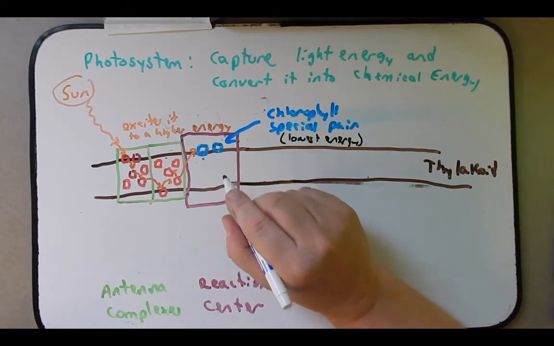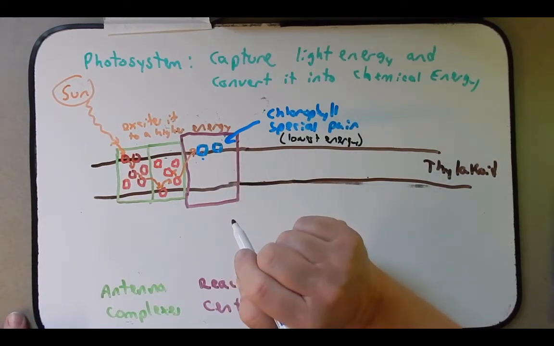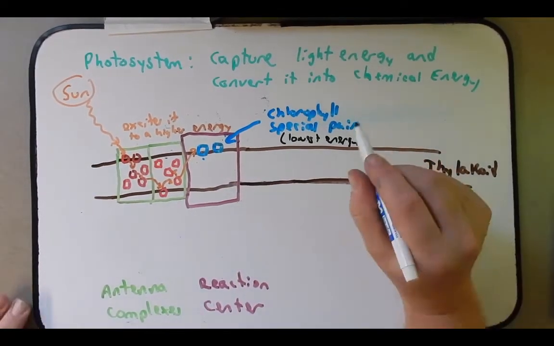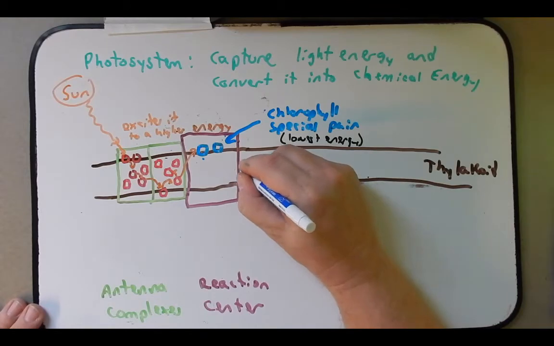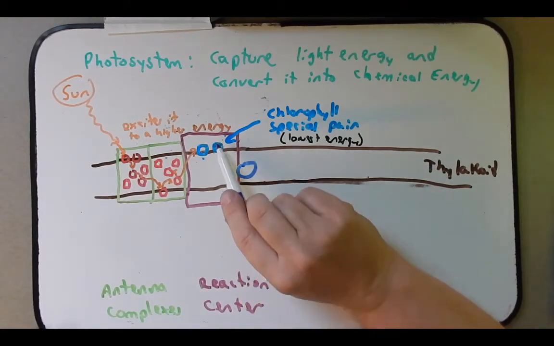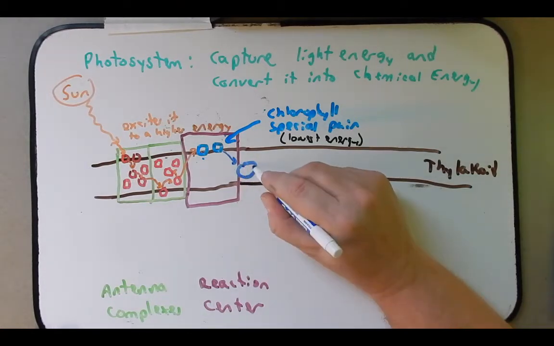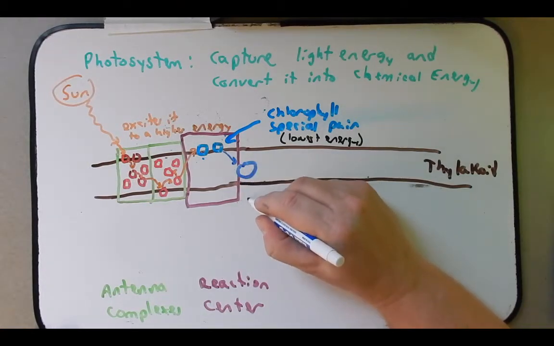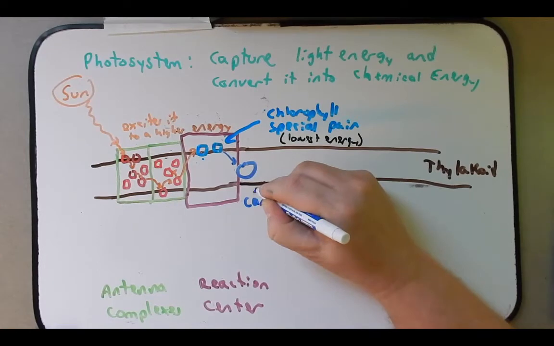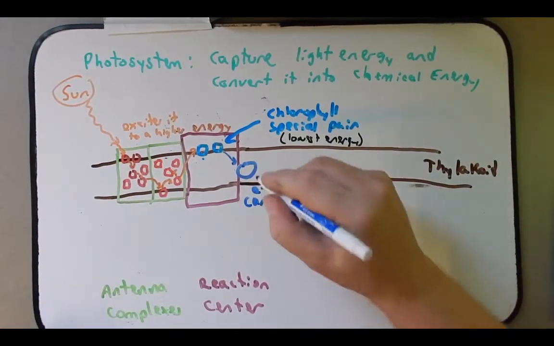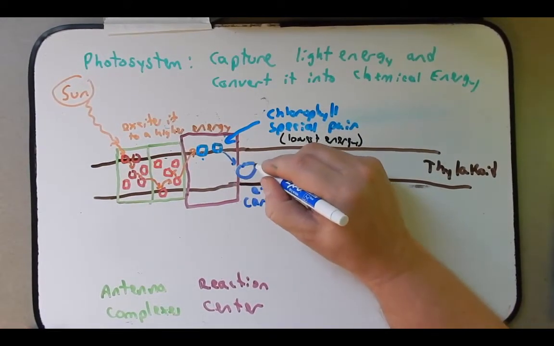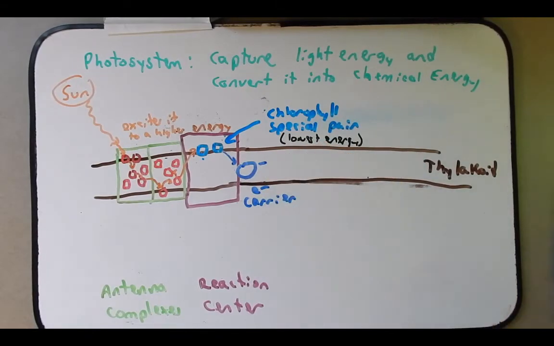So now what does it do with that energy here? It still wants to get rid of it. In fact, it has to get rid of it. So what's right next to this? What's it going to do with that energy, those electrons? It's going to move those electrons to this special carrier. This is an electron carrier. As it does this movement, this is going to become negative.